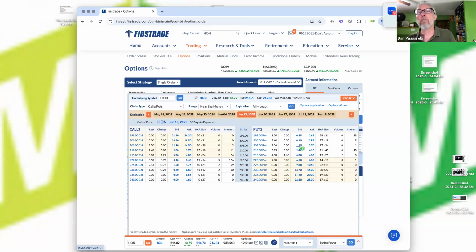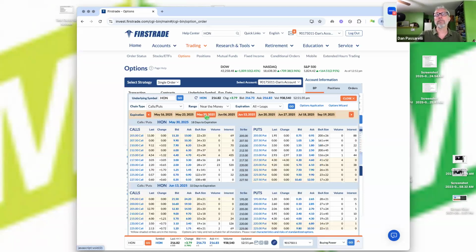Well, one, I could go wider strikes, but I could also go less time. Honeywell can move less in a shorter period of time. What if it was 2 weeks? Well, I can still sell the 205 strike for a pretty good amount, and still sell the 220 calls for a pretty good amount.